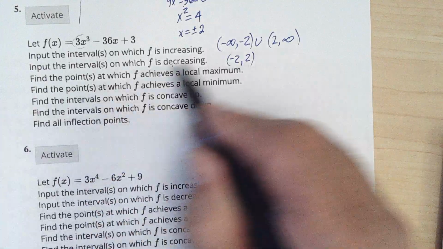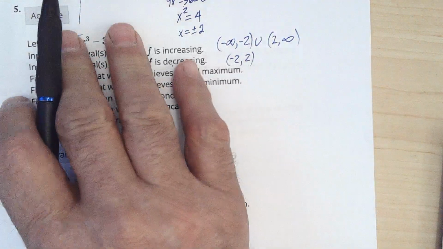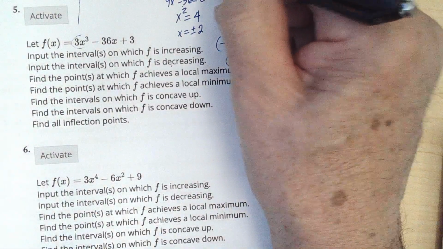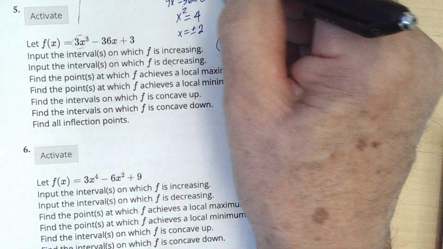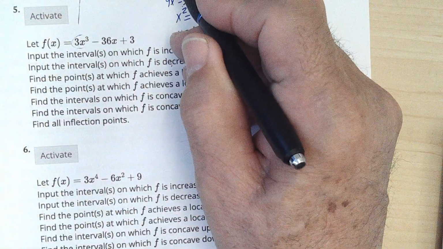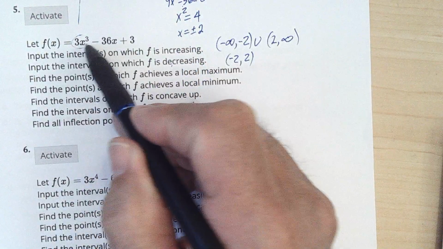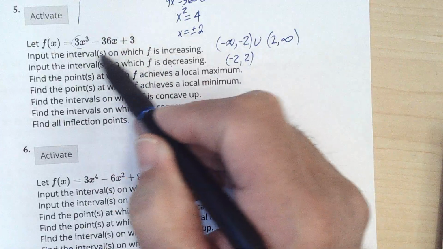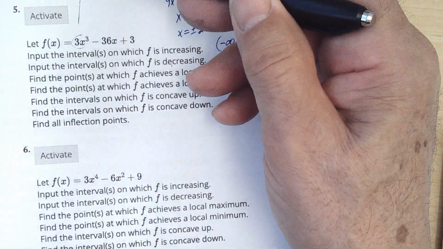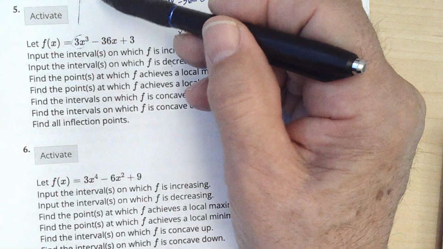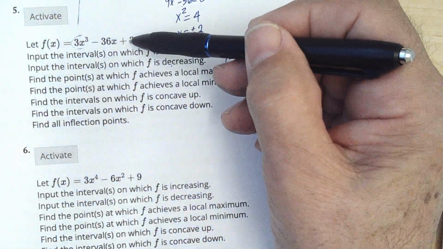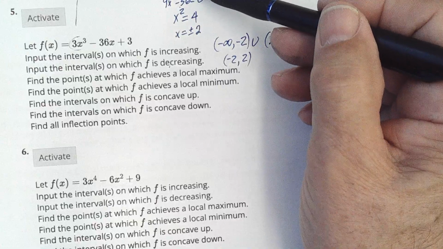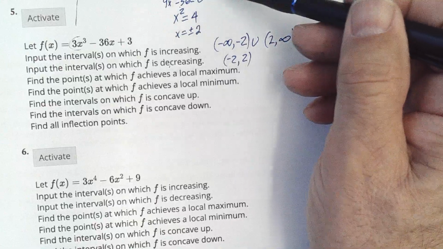Now, we can also check, if we didn't have a graph to look at, using negative 2 and 2 as our two dividing places. I could put something lower than negative 2 in here, like negative 10, and see whether this is positive or negative, because this is a slope. If I put in negative 10, I get 900 minus 36, positive.